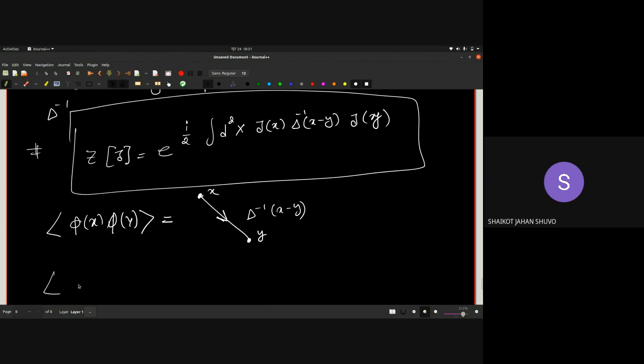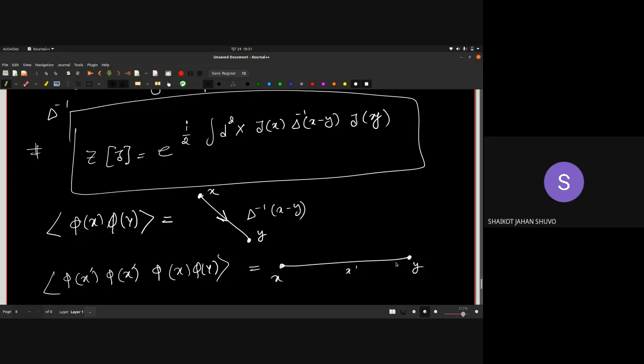You can have a 3-point function, 4-point function, n-point function, and you can even have, let's say, a thing like this. This, if I'm not wrong, I don't remember it right now exactly. Let's call this x prime. This is x prime point. This is x. This is y.